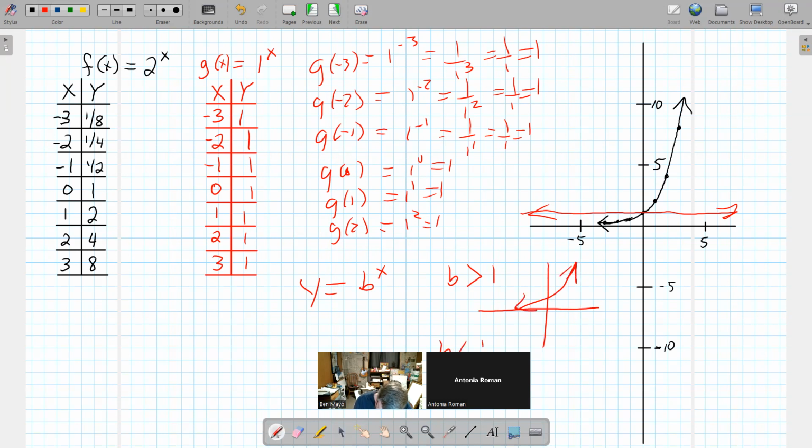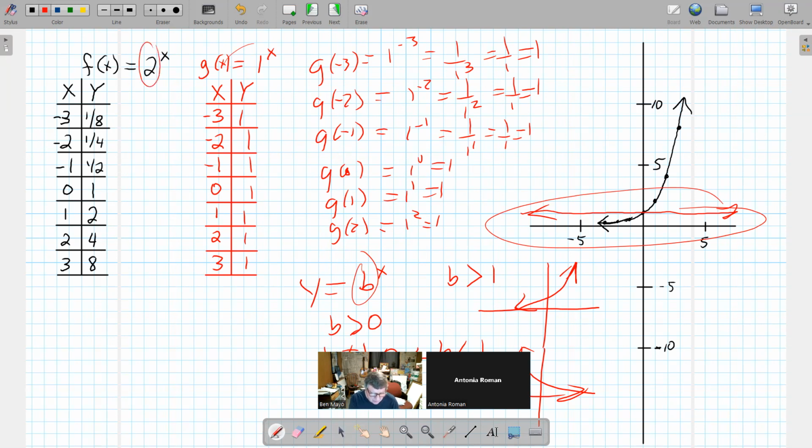If the base is less than 1 and greater than 0, this thing opens downwards. And b has to be greater than 0 and b cannot equal 1. So the base has to be a positive number greater than 0 but it can't equal 1 because in that case, we get this graph, which doesn't fit the pattern. Okay, so we can take any positive number for a base other than 1.